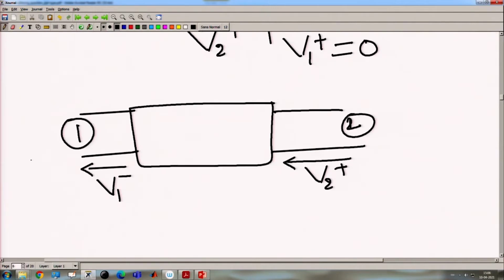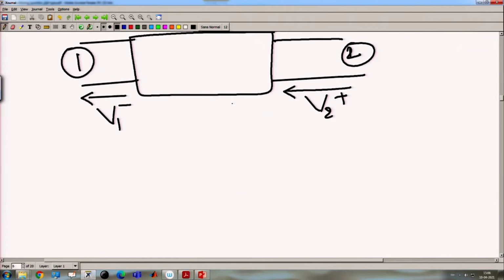We know the length of the transmission line is L. Because this is a lossless transmission line, S12 equals e to the power minus j beta L. Waves are entering from port 2 and leaving at port 1, and beta L is the phase change over this length L.